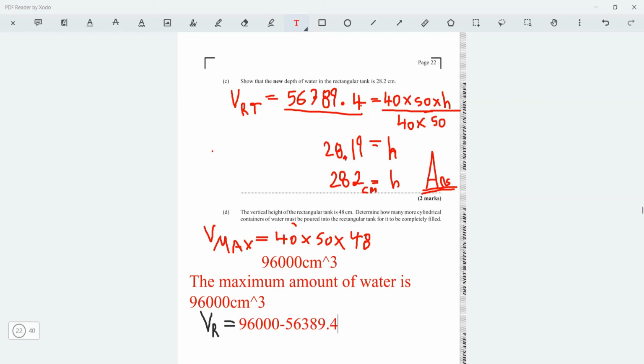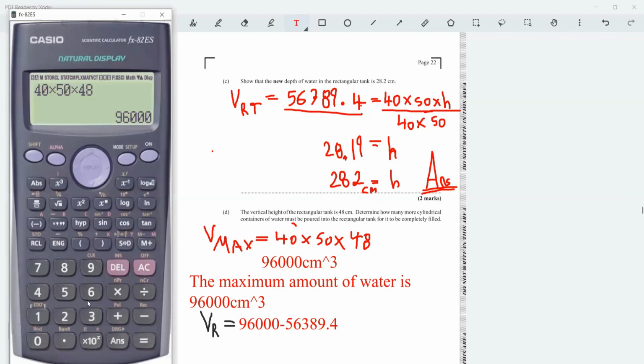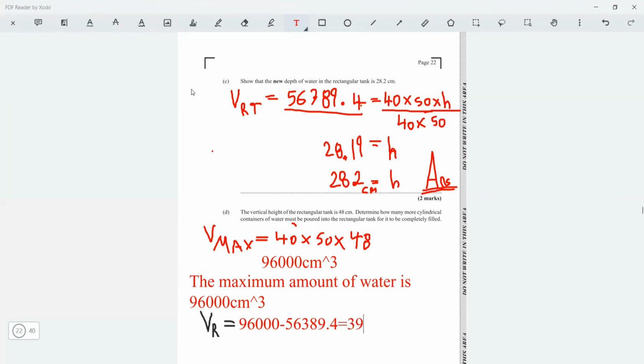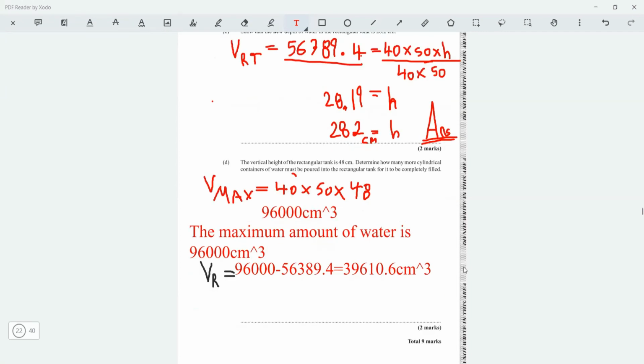We'll plug that in the calculator, and we'll get 39,610.6 centimeter cube. Now that's the volume that remains in order for the tank to be filled. This is the amount of water the tank needs to be filled.